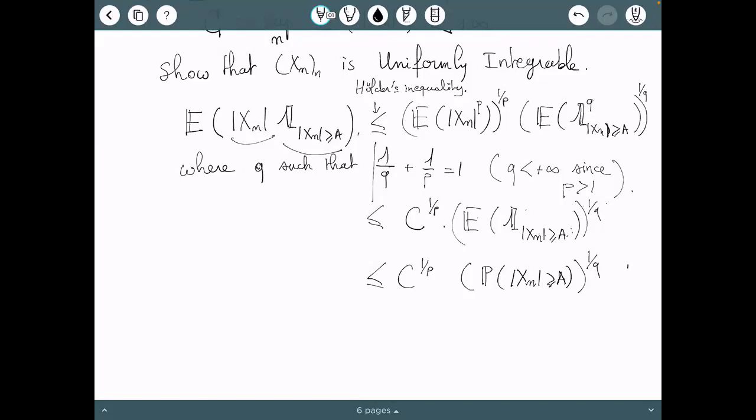What inequalities do you know in order to bound some probability of some event in this form? You have again to use the assumption that the LP norms are uniformly bounded.